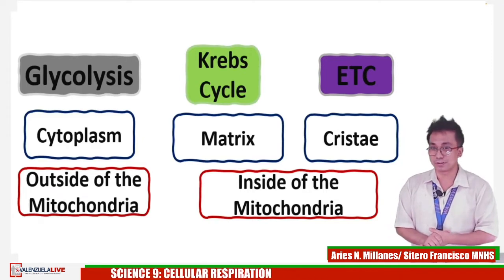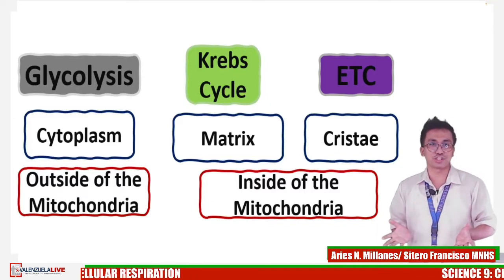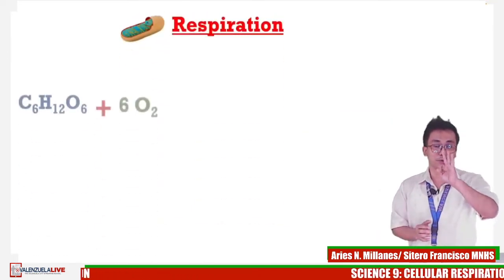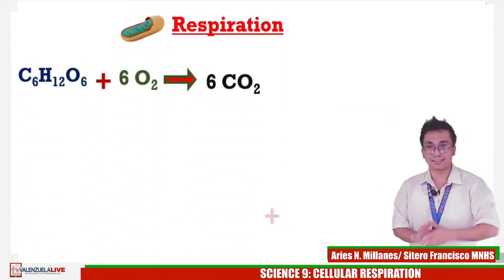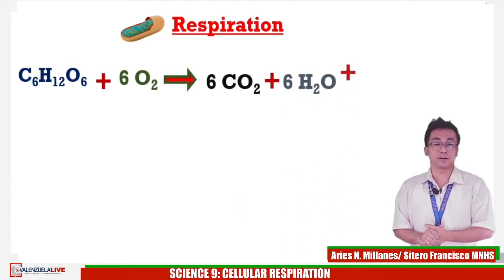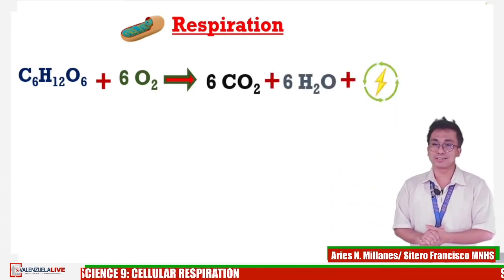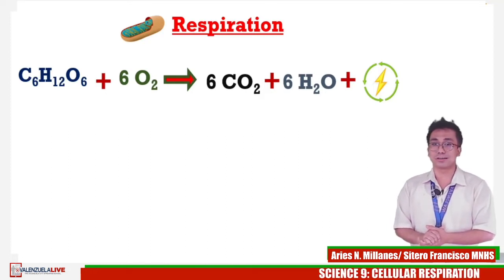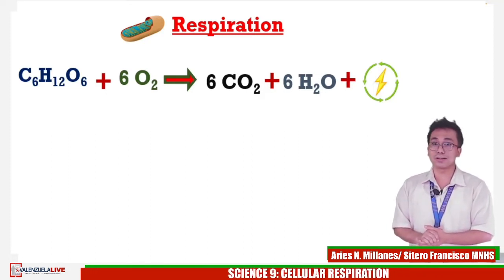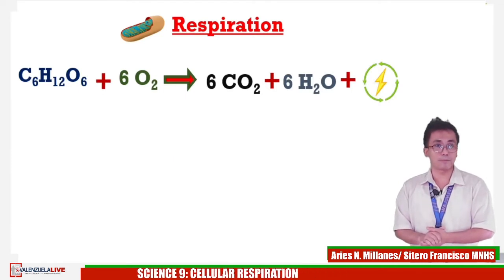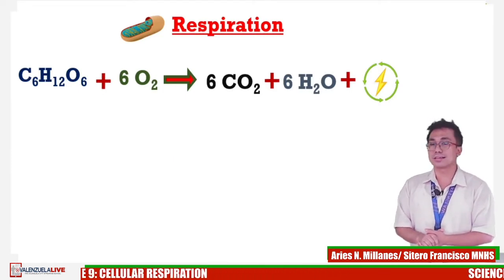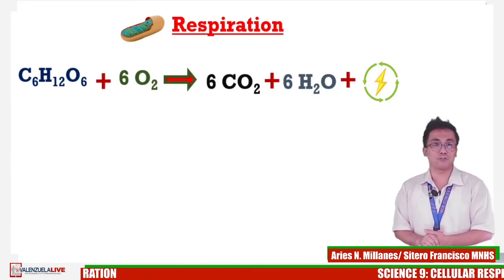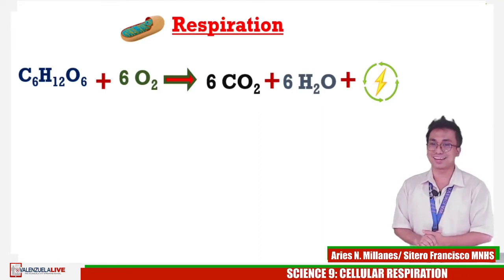Cellular respiration produces 3 different products. Don't forget that. From an input of glucose, or C6H12O6, and 6 molecules of oxygen, it will lead to 6 molecules of carbon dioxide, 6 molecules of water, and of course, an energy called ATP.